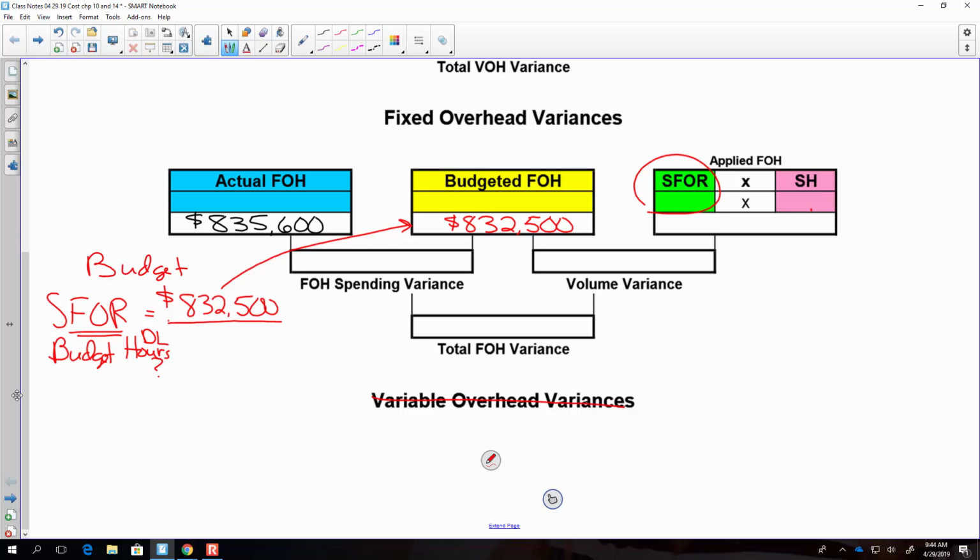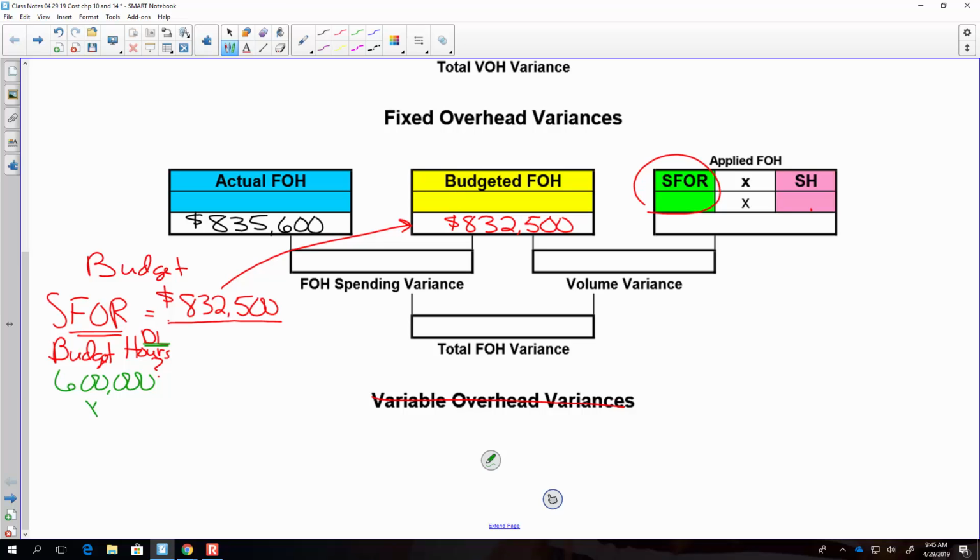How do I get this bottom number, though? How many units did we plan to make? 600,000. Does everybody see that? But that's units. My denominator has to be labor hours.